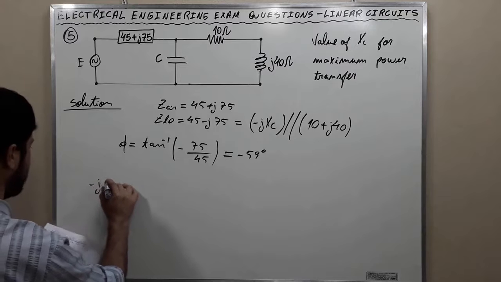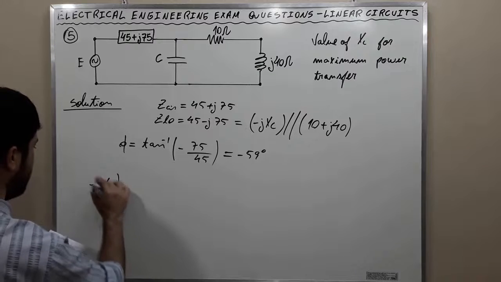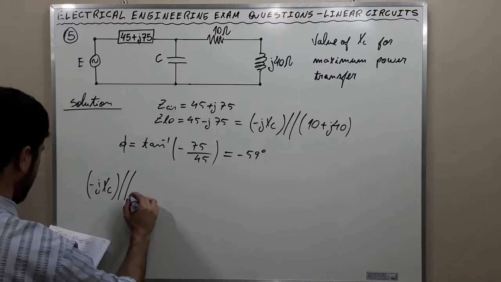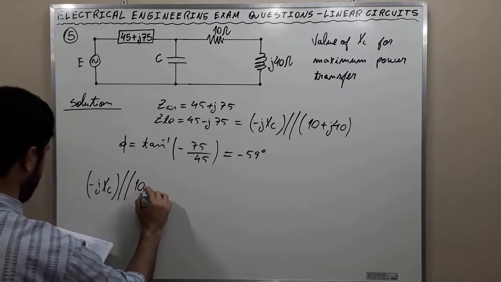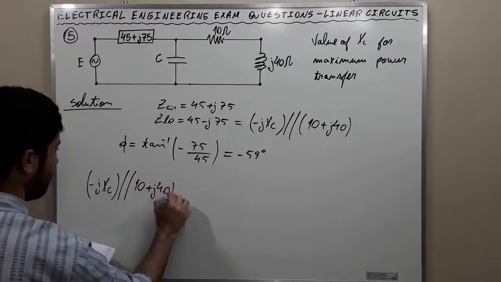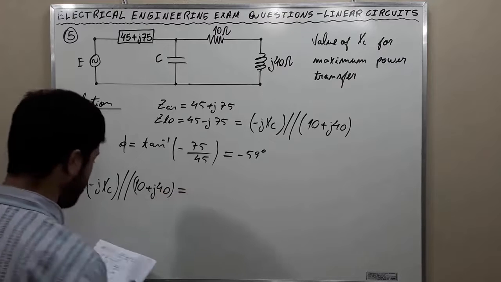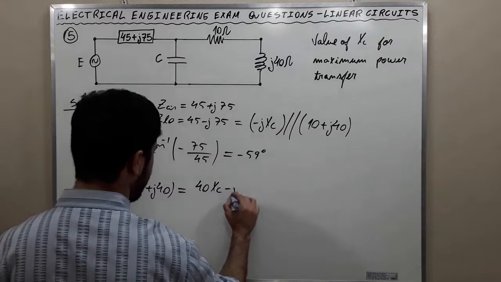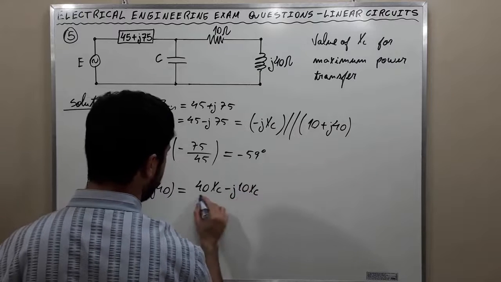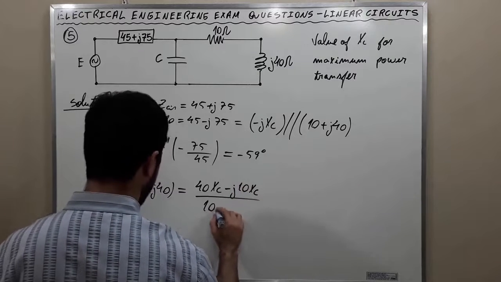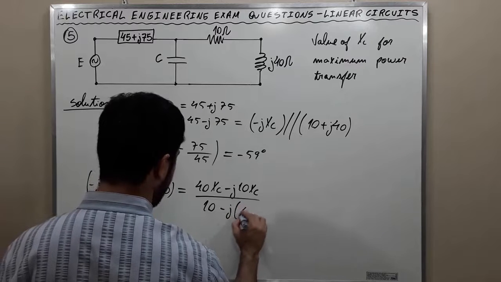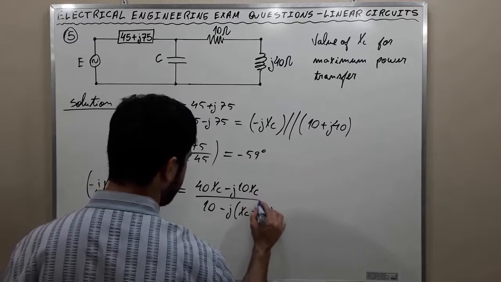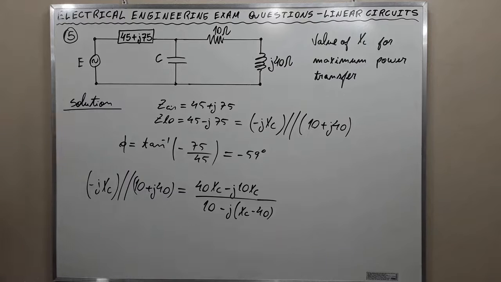Negative JXC in parallel with 10 plus J40 is equal to 40 XC minus J 10 XC divided by 10 minus J XC minus 40. Alright? The parallel connection becomes this.